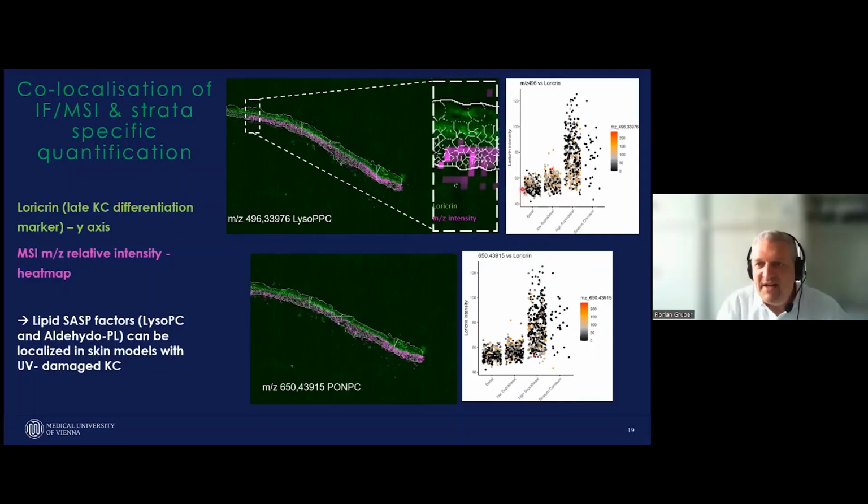On the y-axis here you see loricrin intensity, here you see to which stratum it was assigned, and the color of the dot, from black being low to red being high, shows us the intensity of the lipid signal detected in this area. And this can then be applied to thousands of signals, and we could therefore localize these lysophospholipids and the aldehydophospholipids that are associated with cell stress and cell damage.